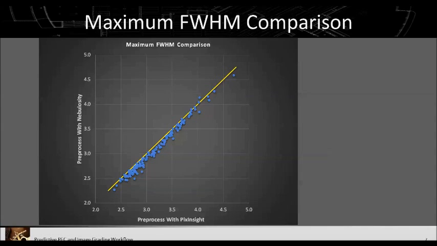But they're not all on the yellow line. In fact, they're all a little bit below and to the right of the yellow line, which is saying that I get slightly larger full width half maximum values when I analyze frames pre-processed with PixInsight versus those pre-processed with Nebulosity.